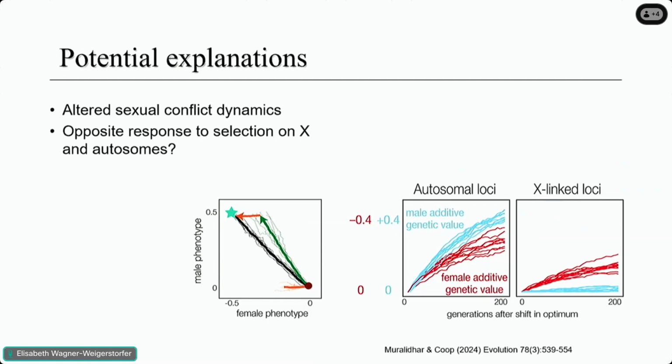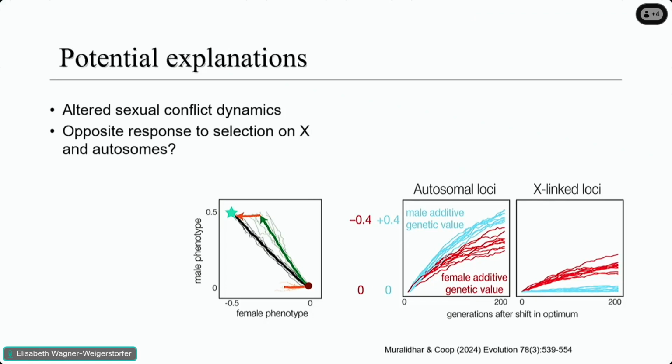And what they found was that if you have some sort of phenotype and you're selecting for smaller phenotype values in females and larger phenotype values in males, so selection going in opposite directions, if you track the net effect in their simulations, then you get from your starting point to sort of the optimum for both sexes.